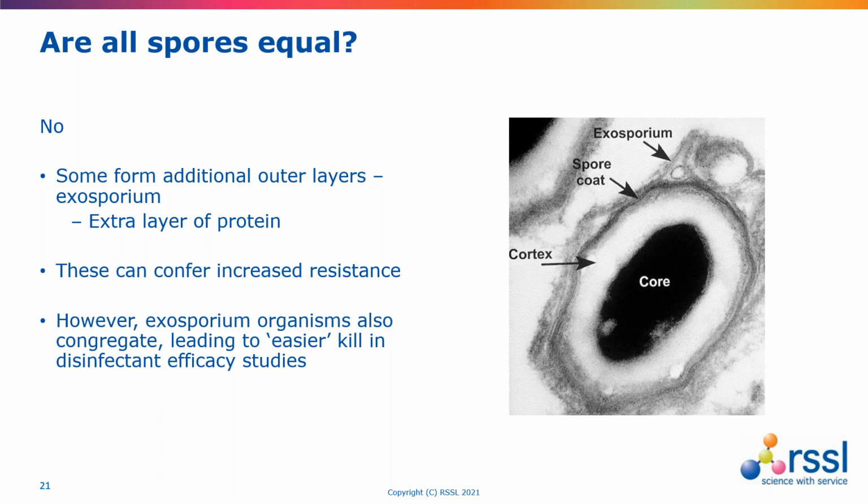It's believed that the purpose of this is to allow the spore to interact with the surrounding environment, perhaps signaling when it is time to germinate. But this does confer additional resistance, and for example, this is associated with Bacillus cereus, which is probably why Bacillus cereus stands higher up on that hierarchy of resistance.